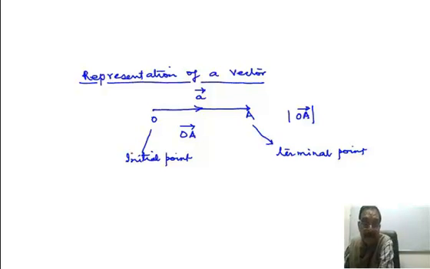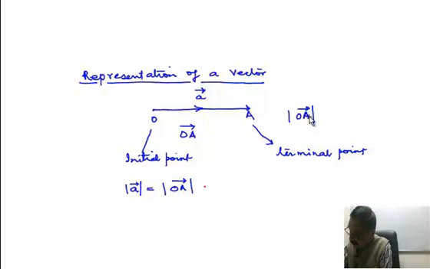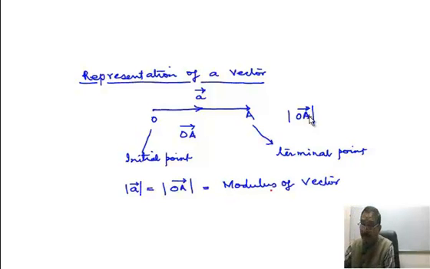So we can say that a vector is represented by a line segment and a direction is given to that line segment. OA, which is the length, is called the modulus of the vector. So modulus of vector A, or we can say modulus OA, these two lines are called the modulus. So this is called modulus of vector, or we can say it is the magnitude of that vector.